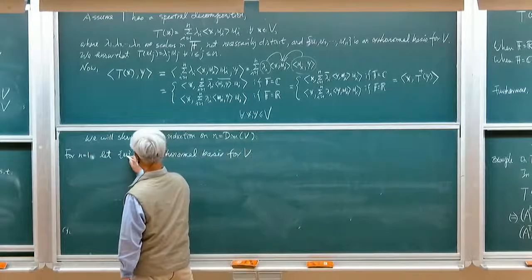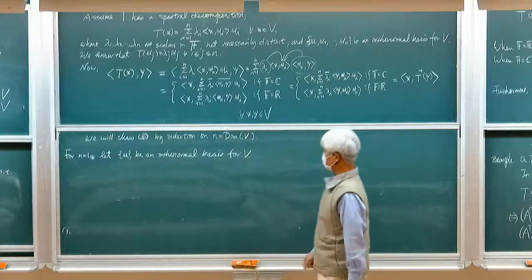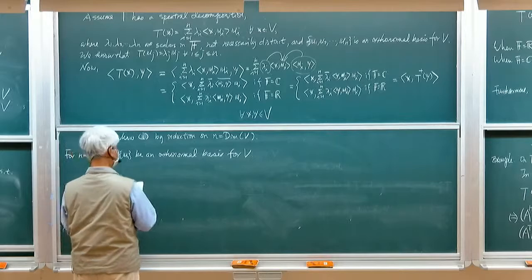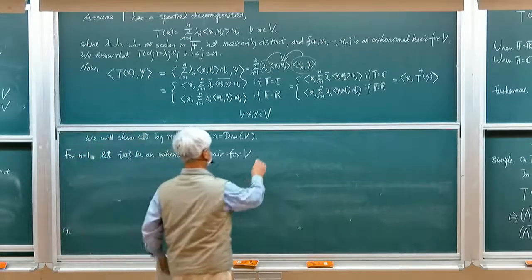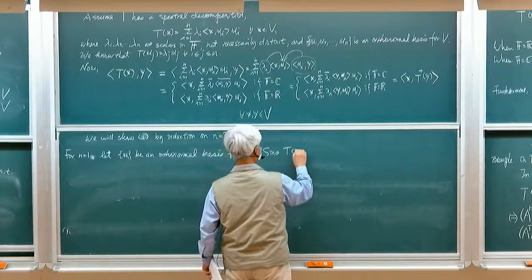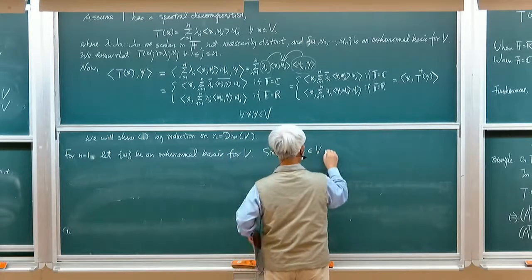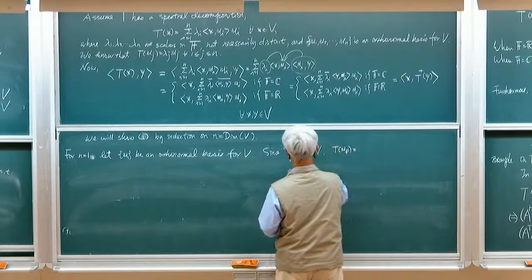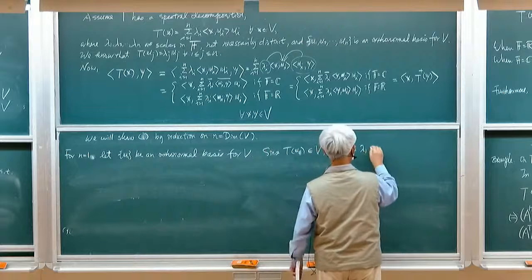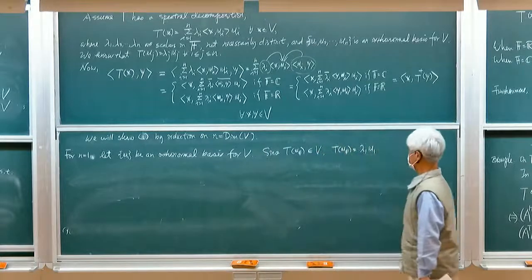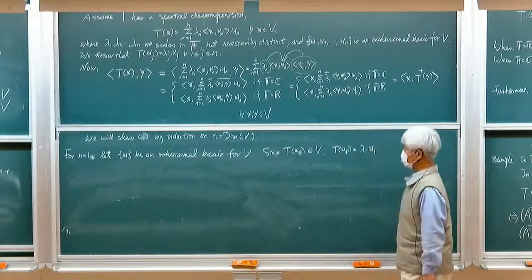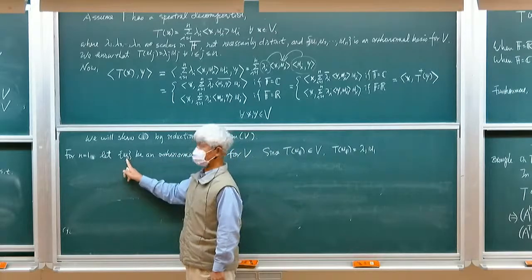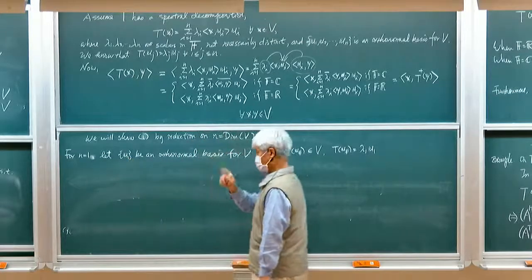Maybe I use u1. So u1 is an orthonormal basis for V. Now we know Tu1 is also in V, so Tu1 is equal to lambda 1 u1, because every vector is a scalar multiple of u1, because it is one-dimensional.